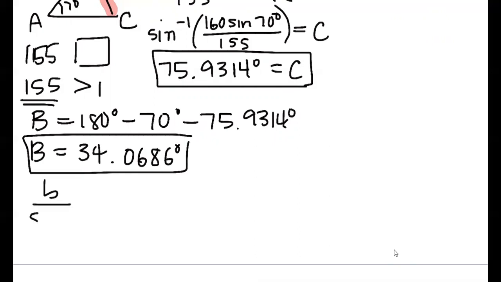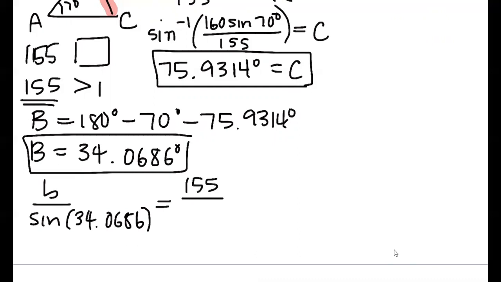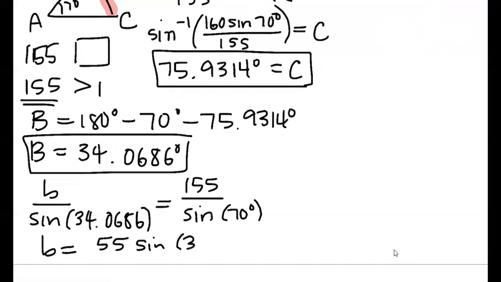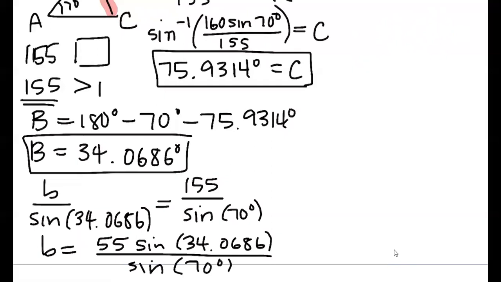And then we need to use that to find side B. So B divided by the sine of 34.0686 should equal, and I'm going to use my given pairing, which is the A, so 155 over the sine of 70 degrees. We can cross multiply. We get 155 times the sine of 34.0686, all divided by the sine of 70 degrees.